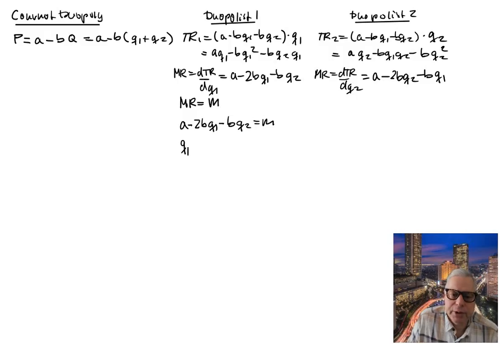We can rearrange terms and we find the optimum Q1. Okay, put that on the other side. And then I say A minus M minus BQ2. And now I divide by 2B.